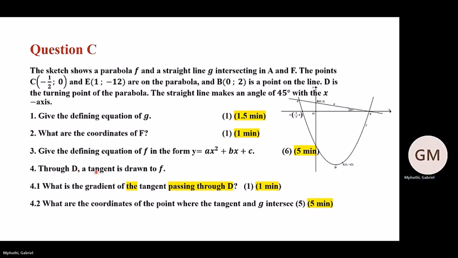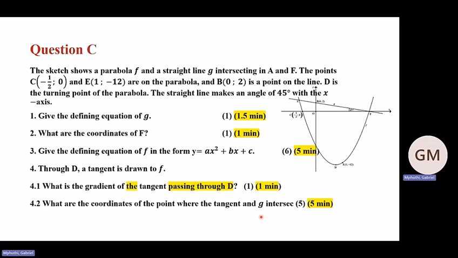So if they say a tangent is drawn to F through D, and D is our turning point we are given, then it means that tangent must be parallel to the x-axis, you will know that gradient. What is the gradient of the tangent passing through D? Hence, that is why it is 1 mark. You will see it is a line that is horizontal, and you know the gradient of the horizontal line. And you can even also, using calculus, determine that.